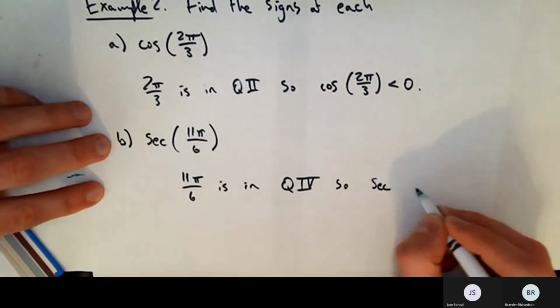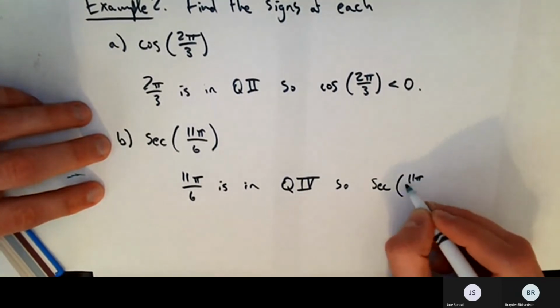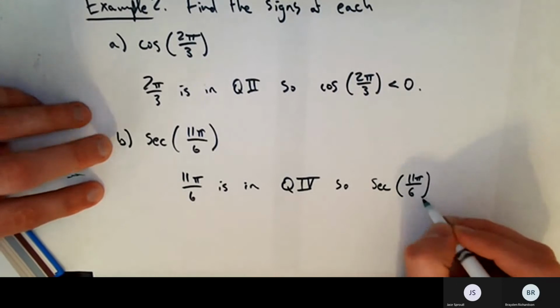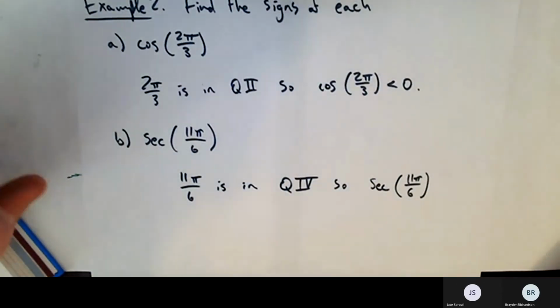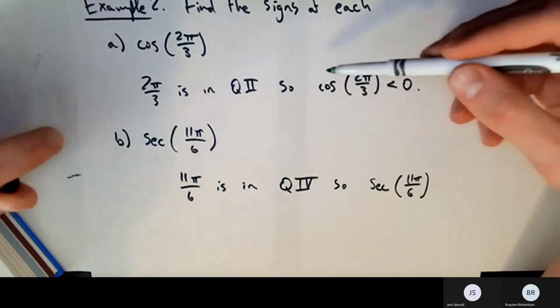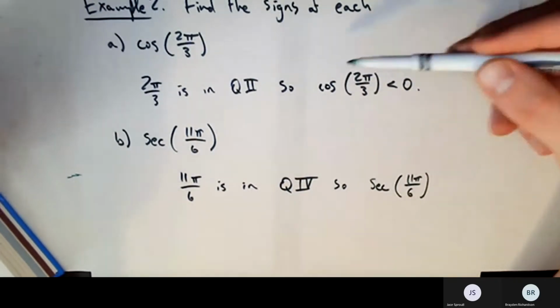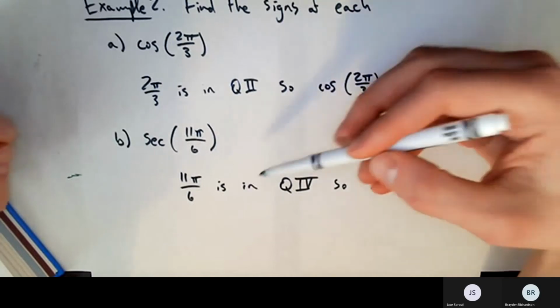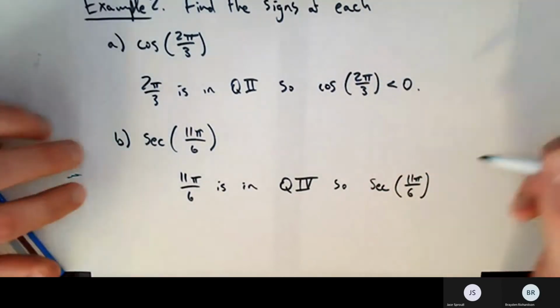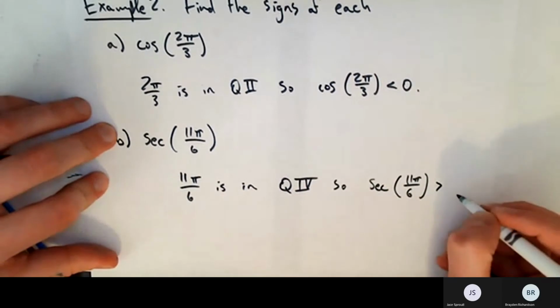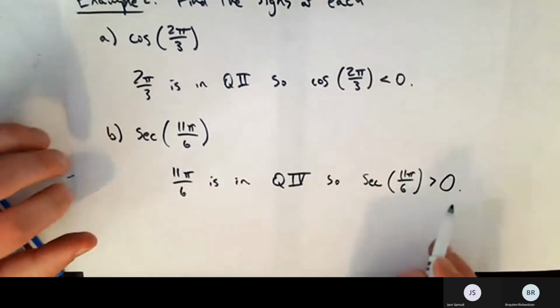Secant is the reciprocal of cosine, so its signs behave the same way as cosine, positive wherever x is positive. X is positive in quadrant 4, so secant in the fourth quadrant is positive, greater than 0.